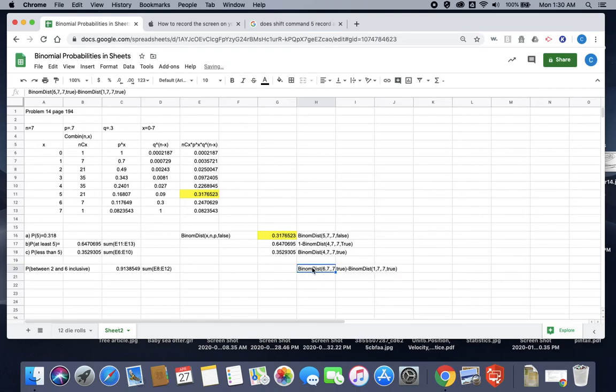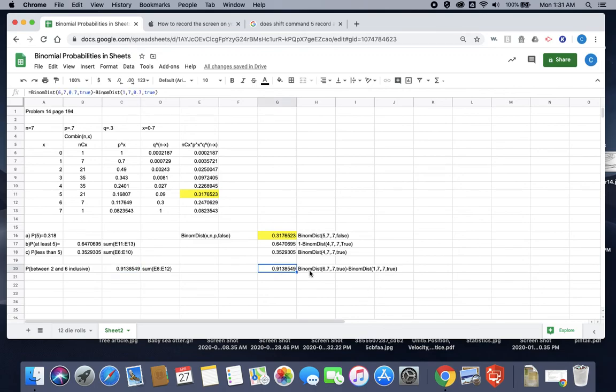And I'm just going to go ahead and copy all of that so I don't have to retype it. Come over here and put equals and paste that and hit enter. And look, we got the same 0.9138549 here and here. So we know we got the correct answer.